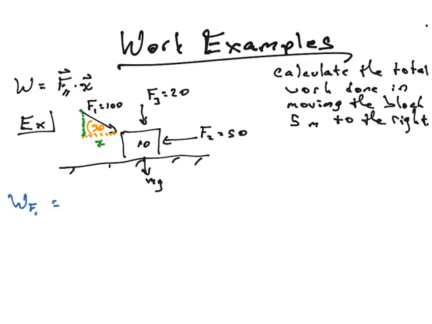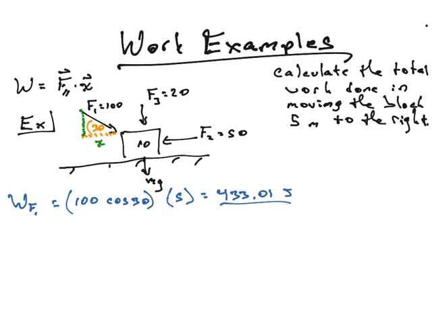So the x component of that force is 100 cosine 30 times the distance, which is 5 meters to the right. The force is also pushing to the right, so this is going to be positive. So I calculate this out, and I get 433.01 joules.